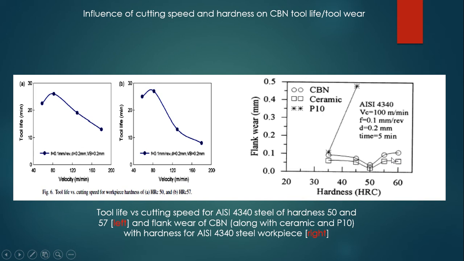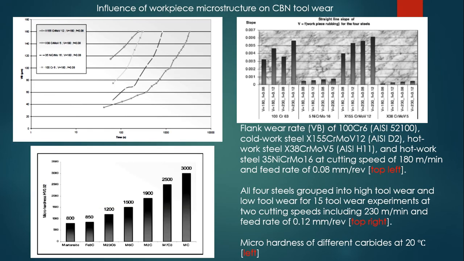But now, next slide, there have been a lot of experiments on many different types of hardened steel, all of them hardened to the same hardness of 54, which shows varying tool wear rates, indicating the influence of the microstructure of the workpiece on the tool wear rather than the hardness.